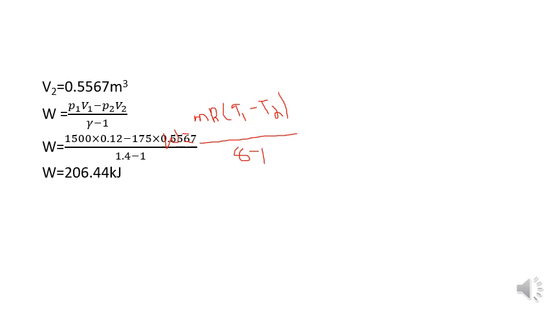In the next class, we will discuss the polytropic process. Till now, in the second chapter, thermodynamic processes, we completed 5 processes: the constant pressure process, constant volume process, isothermal process, and adiabatic process. The next one is the polytropic process.